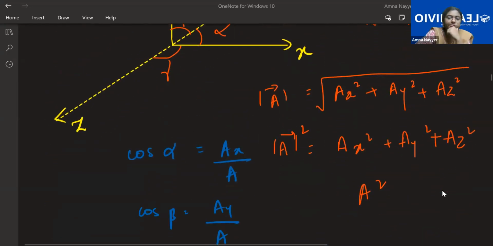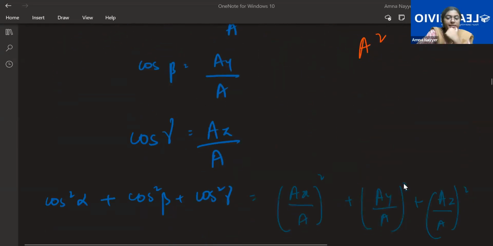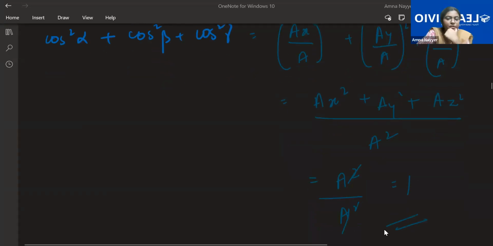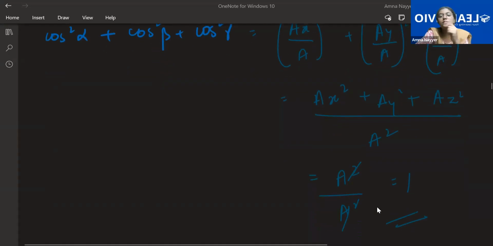See here, this is the square root of Ax square plus Ay square plus Az square, right? So these add up to A square. When we put it in, Ax square plus Ay square plus Az square is A square, divided by A square. That is 1.